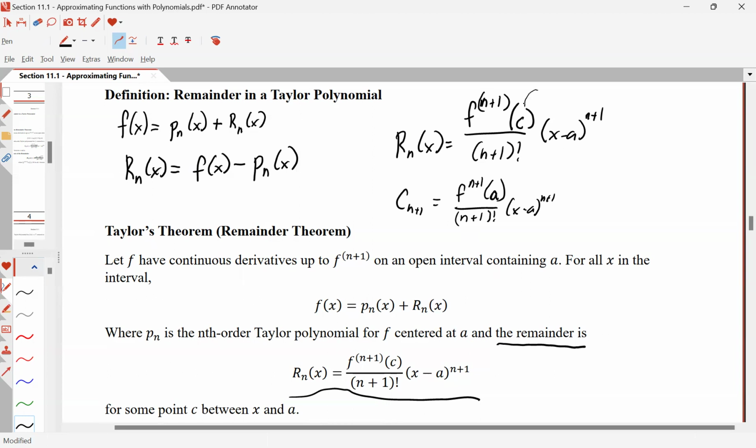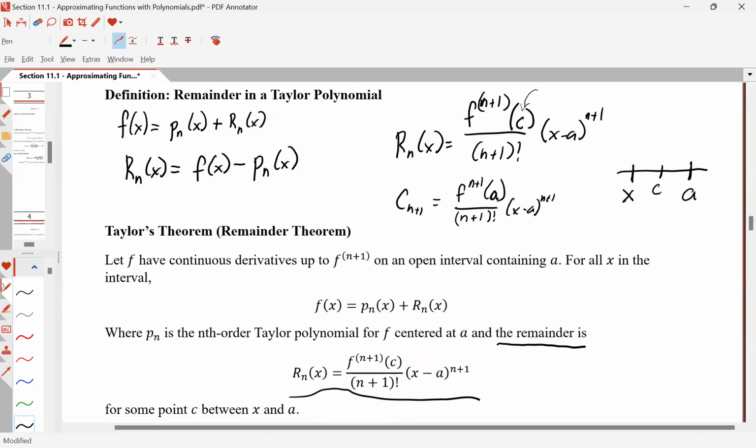The difference is this c. What that c is saying is we're not doing the n+1 derivative at a, we're doing the n+1 derivative at some point between x and a. We don't know what that point is. That point could be x, it could be a.